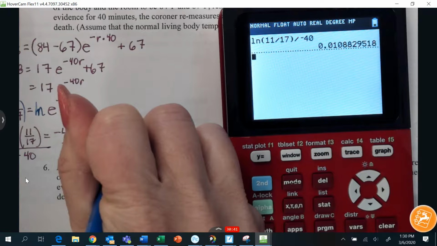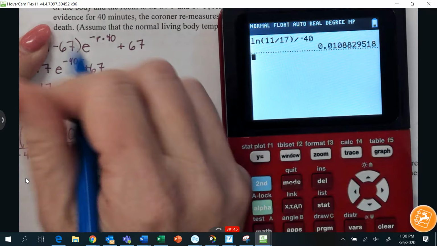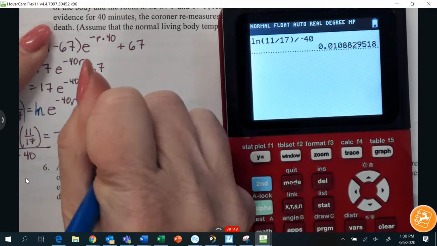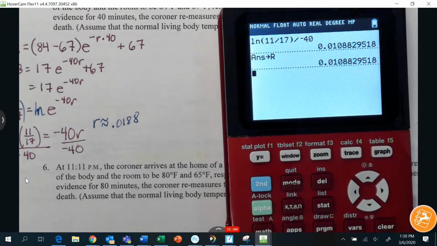I will look. Give me a moment. So I'm going to store that as alpha times symbol R. Oh, you got it. Just got to store it so I can use it.